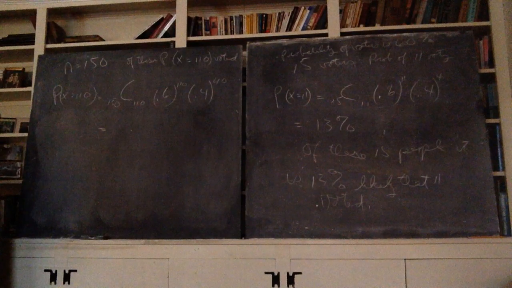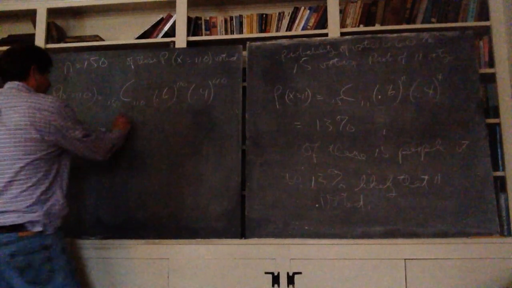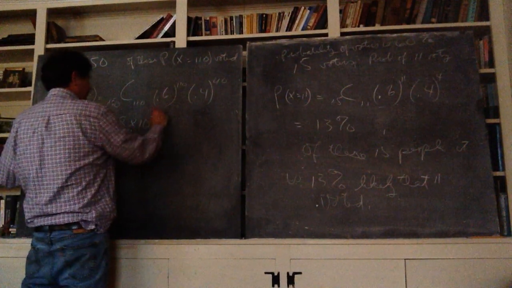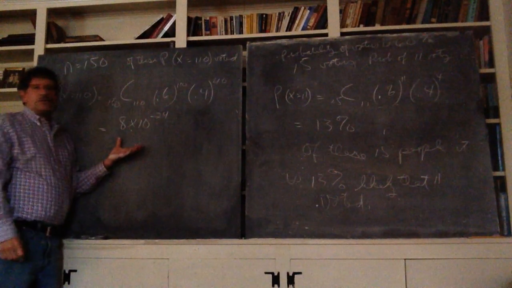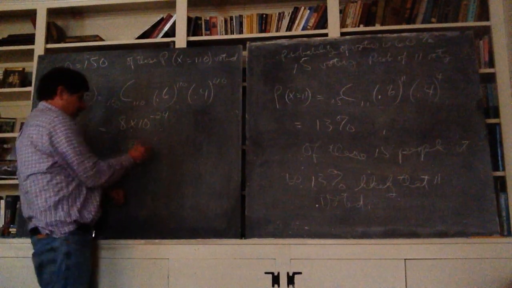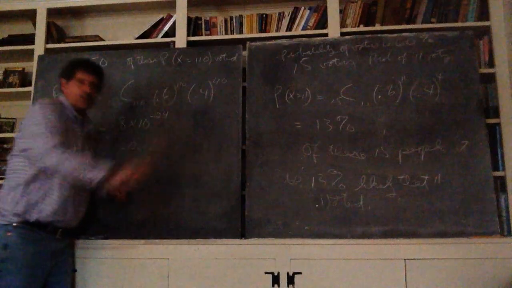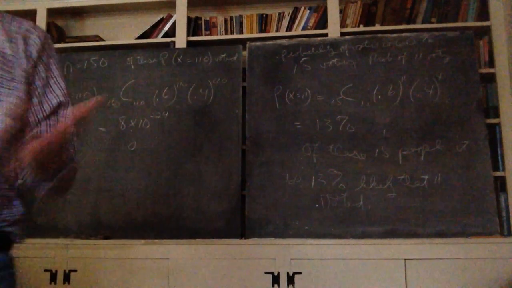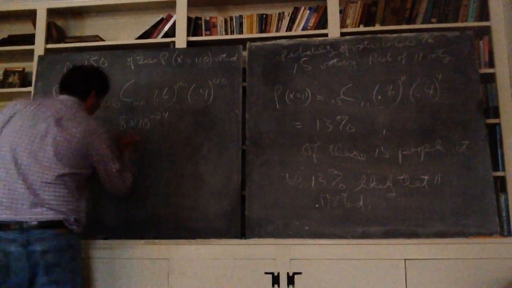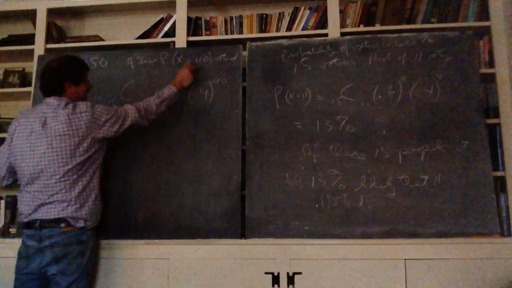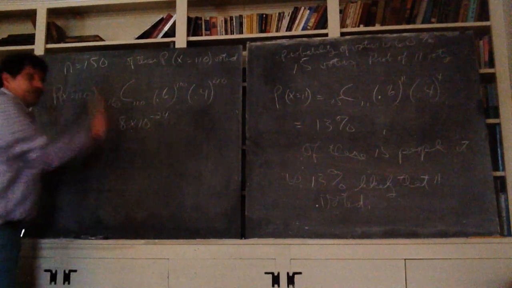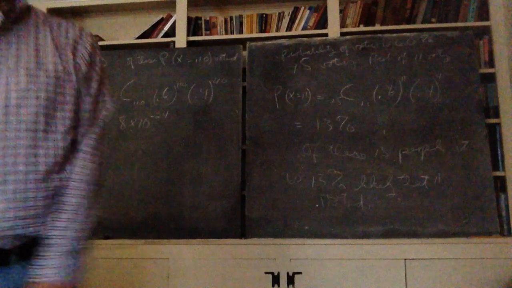The probability of this is 8 times 10 to the negative 24th, which means there's 0.024 of them before the first significant digit shows up, which means it's literally 0. And if you think about that, we're talking about exactly 110 out of 150. That just doesn't make any sense.